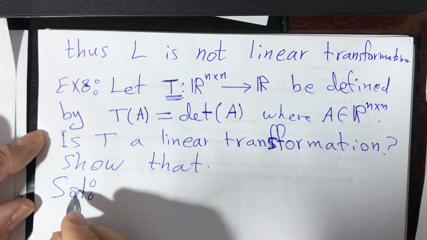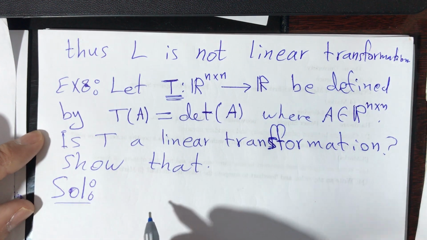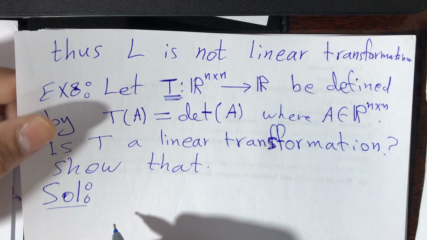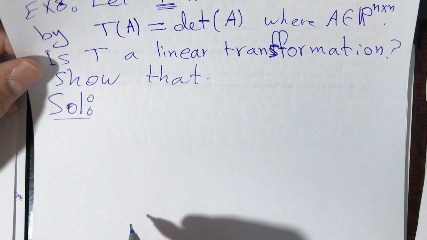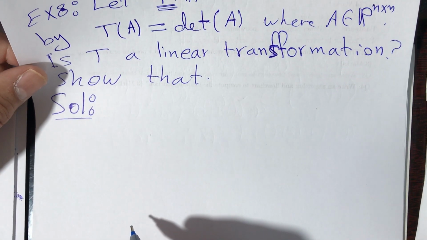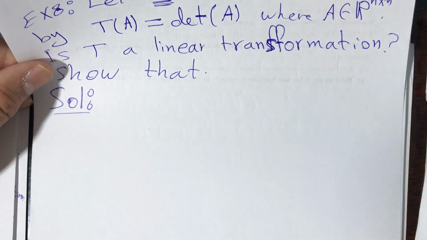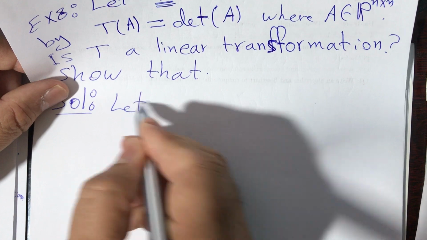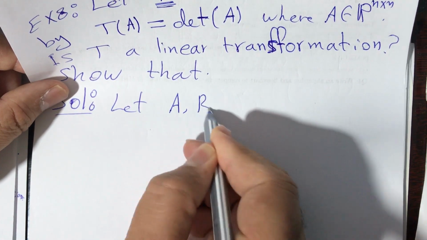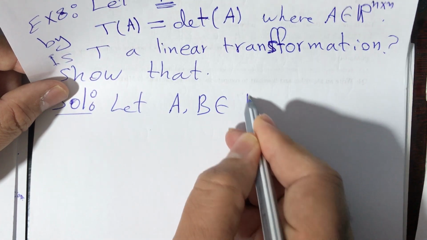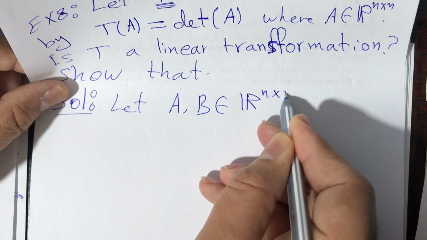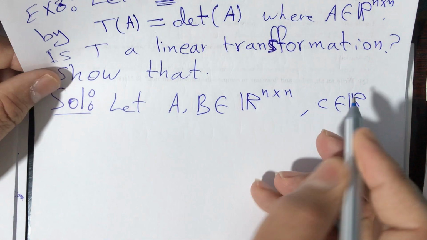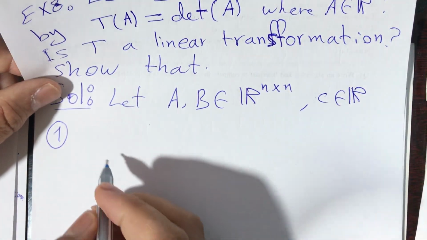Solution. You know the determinant from the first semester. Of course, you know it. Let A, B belong to R n times n and c belong to R. Now try to satisfy the first condition.